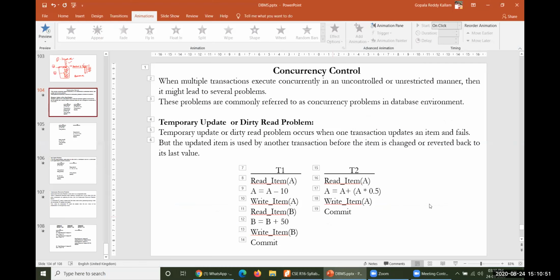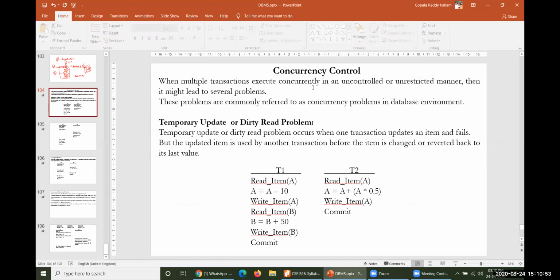So in concurrency control, what do you mean by concurrency? Concurrency means if a number of transactions are being executed in parallel, then there might be some kind of problems during execution.